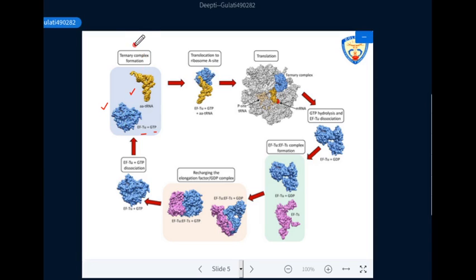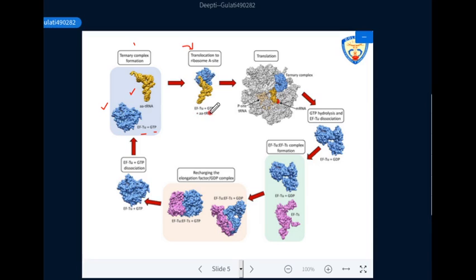So the first step is the formation of a ternary complex which has three components: elongation factor Tu, GTP, and the aminoacyl transfer RNA, which has to be taken to the A site of the ribosome. So this ternary complex formation is then leading to translocation to the A site of the ribosome.